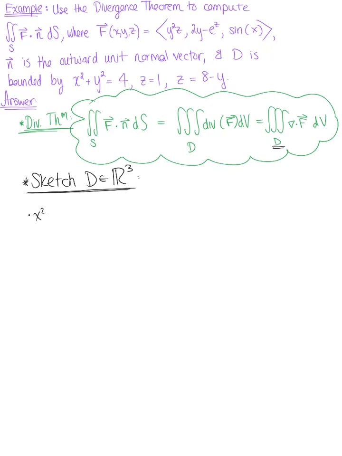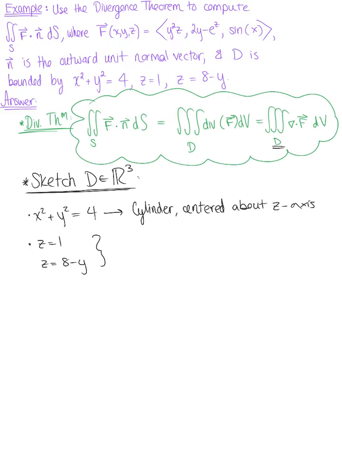We have x squared plus y squared equal to 4, which we recognize as a cylinder centered about the z-axis. And then we have two planes: z is equal to 1 and z is equal to 8 minus y.